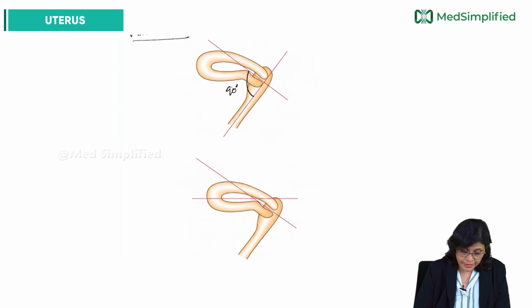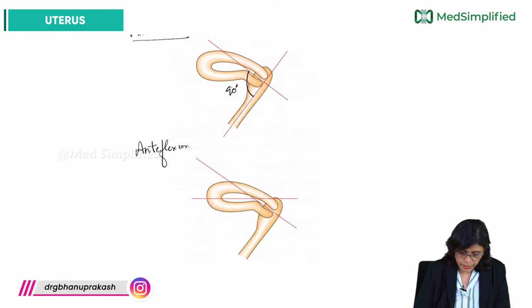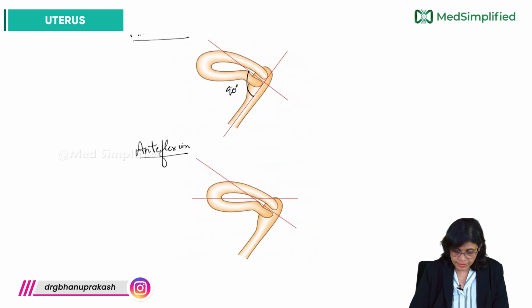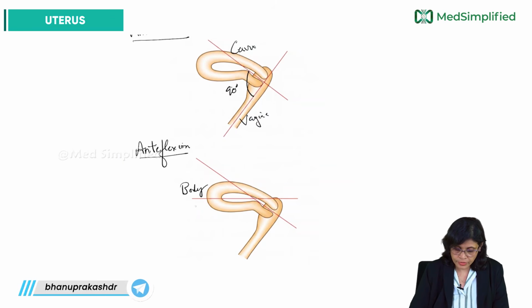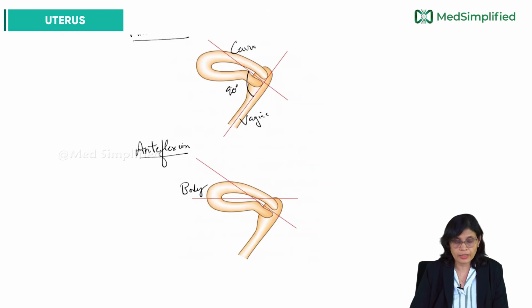And what is anteflexion? Here, this was the cervix and this was the vaginal axis. The long axis of the body of the uterus will be bent forward at the level of the isthmus, which is nothing but the internal os near the cervix.